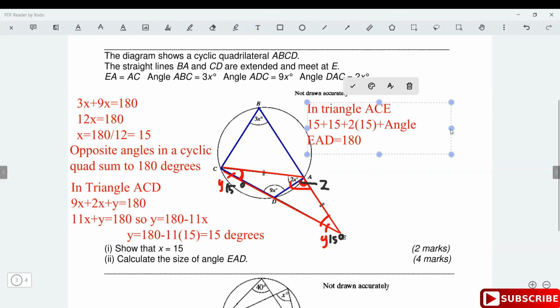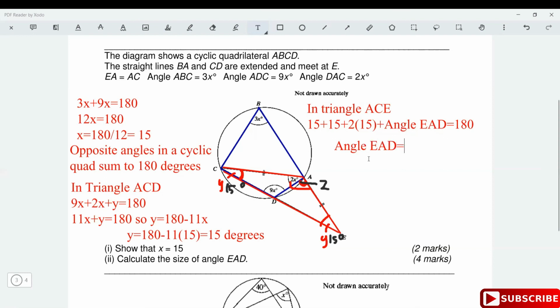Now that we know that, let's see how we can transpose. So transposing, angle EAD is equal to 180 minus 15 plus 15 is 30, plus 2 times 15 is another 30. 30 plus 30 is 60. So we subtract them now.